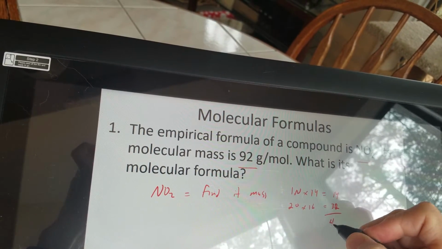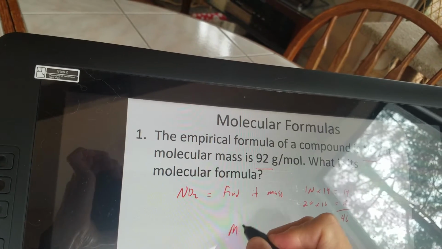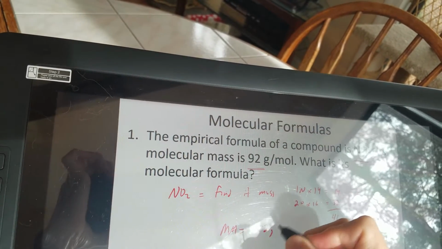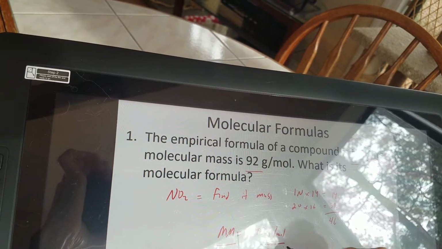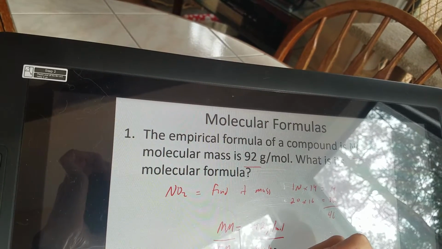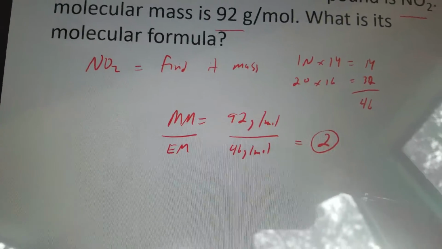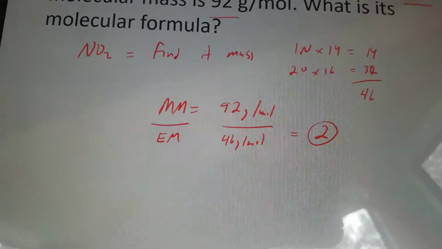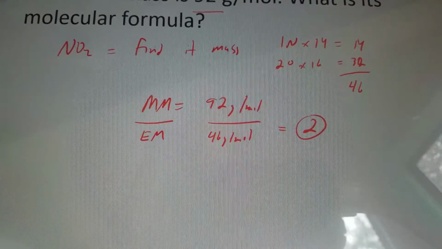Be 46. So now I'm going to take my molecular mass, in this case the 92 grams per mole, and I want to divide it by the empirical mass, which we just solved for, which was 46 grams per mole, and I should get a whole number. In this case, I get 2.